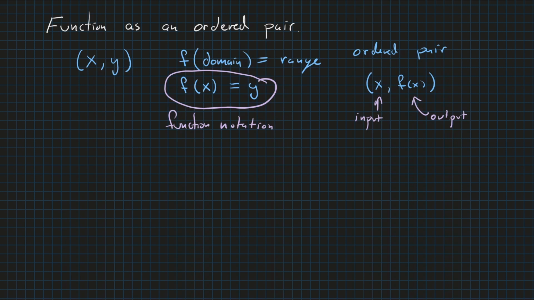Again, the parentheses here indicate you're inputting something. So f with parentheses indicates you have an in and then you have an out. I want to reiterate that: f with those parentheses around it means in and out.